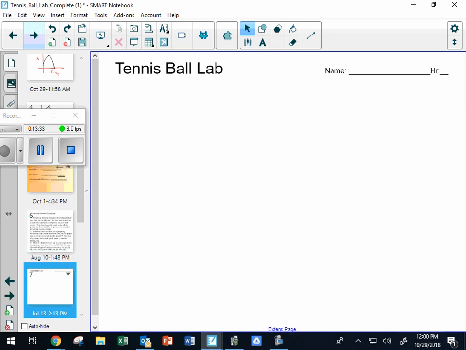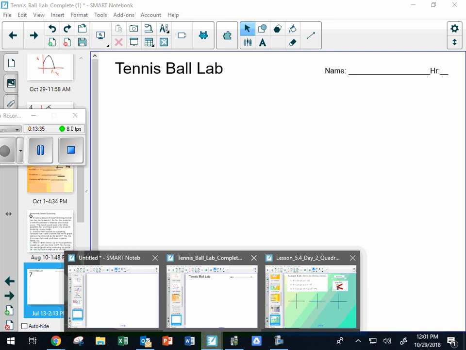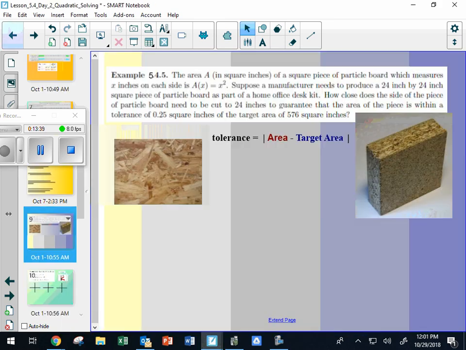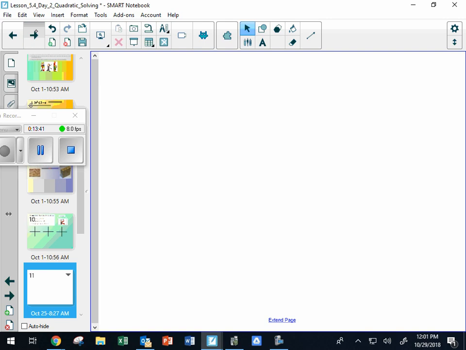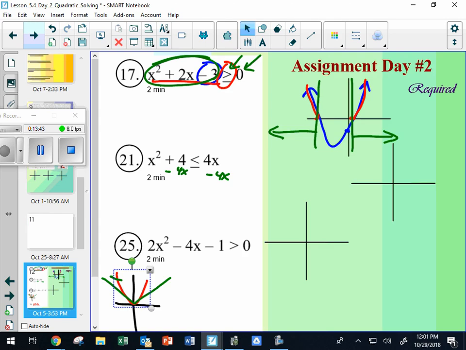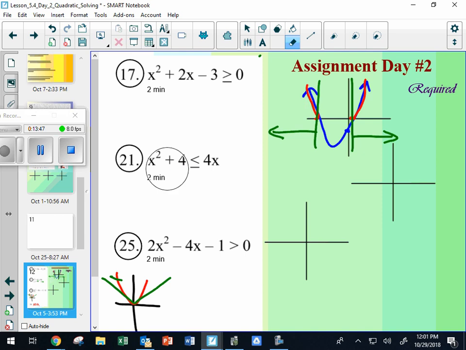And it's not that. Hold on a second. Different file. It's in this one. And the homework starts right here. And you're going to do the whole first page.